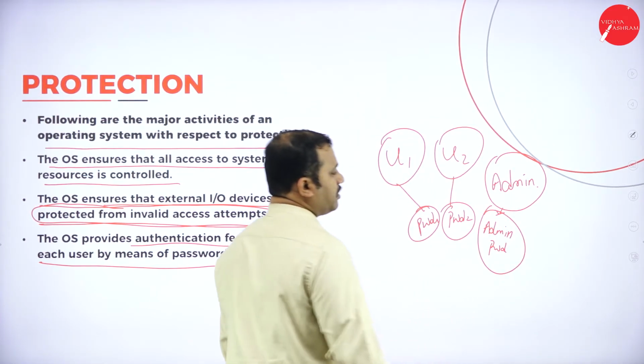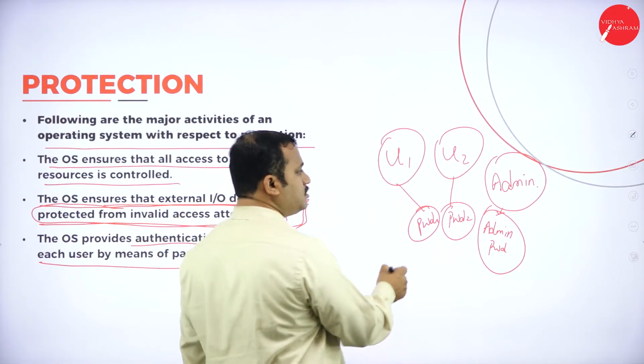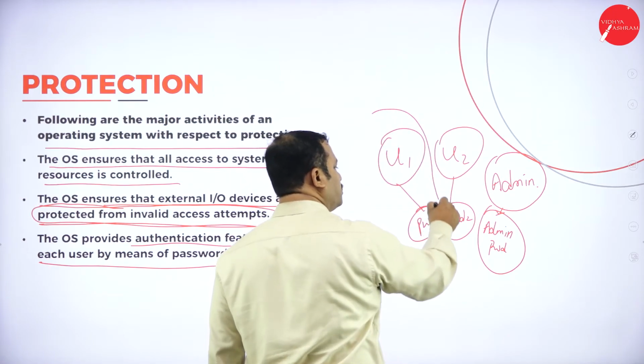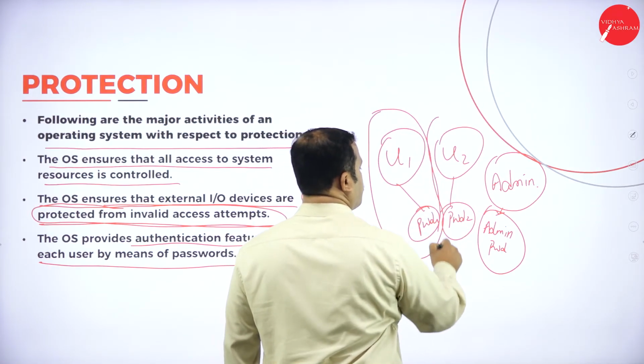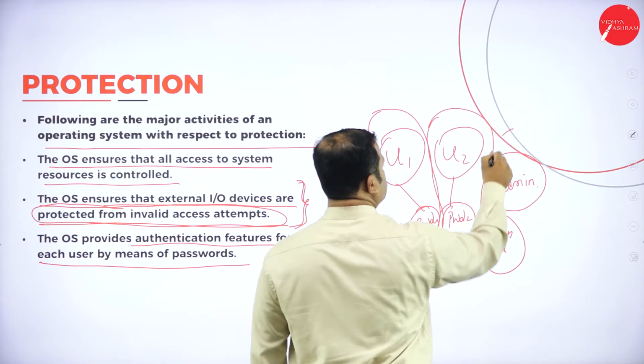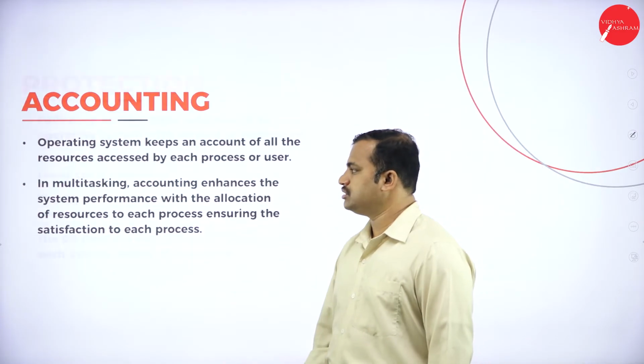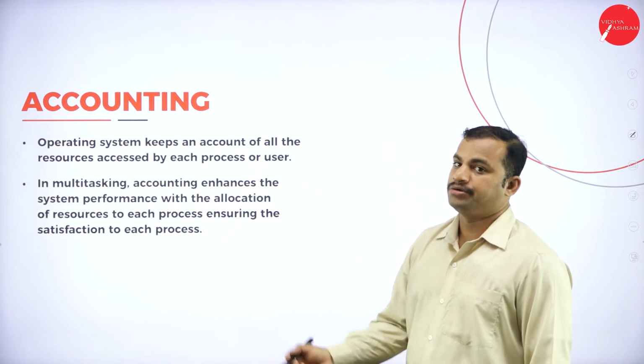These passwords enable the users to log into the system, so that a barrier and protection is provided to each user. This is how protection is provided among multiple users.